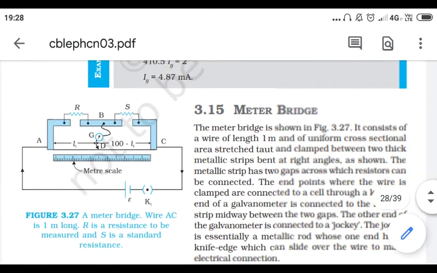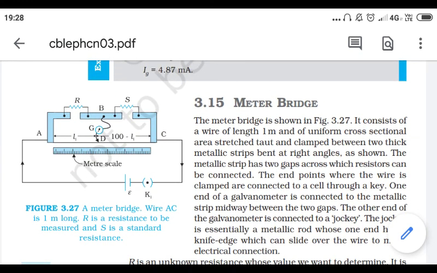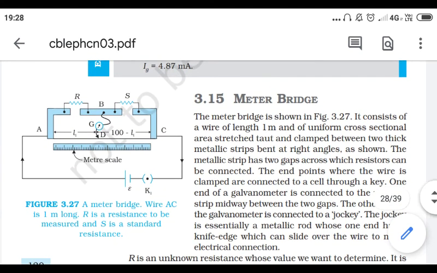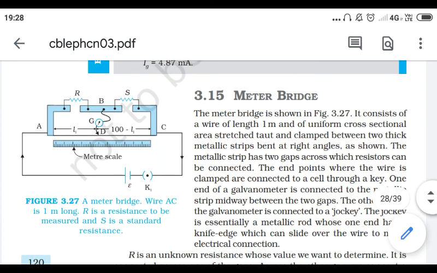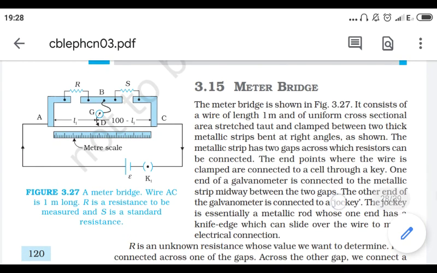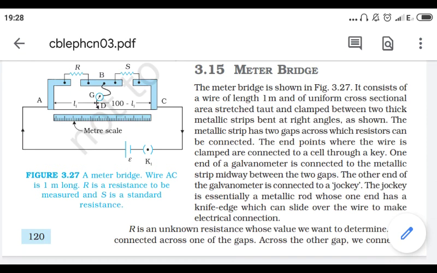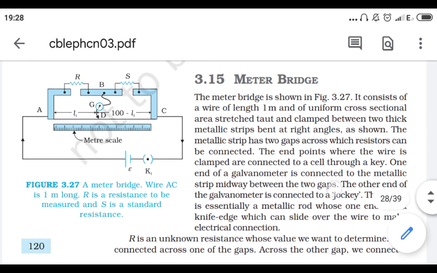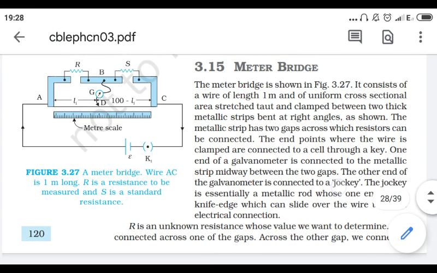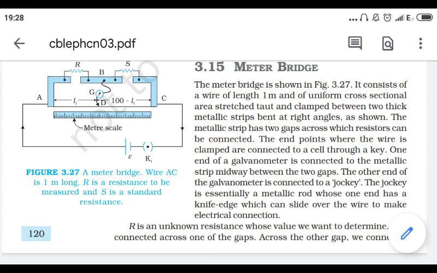So let's see what it is. It consists of a wire of length 1 meter, 100 centimeters, and uniform cross section area stretched taut and clamped between two thick metallic strips bent at right angle as shown. The metallic strip has two gaps across which resistors can be connected at A and C. The end points where the wire is clamped are connected to cells through the key.